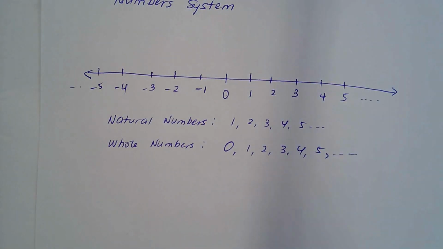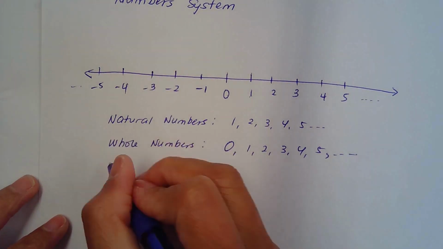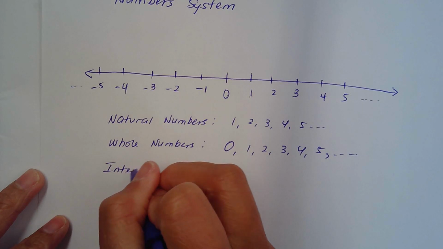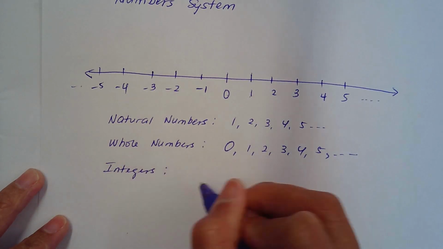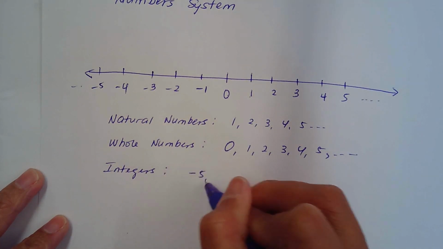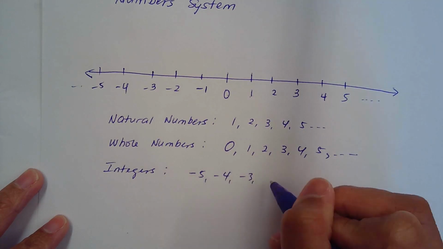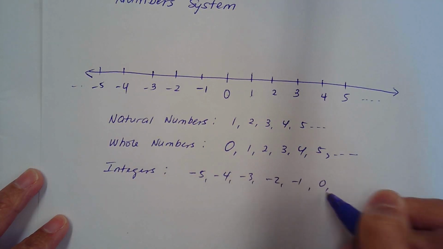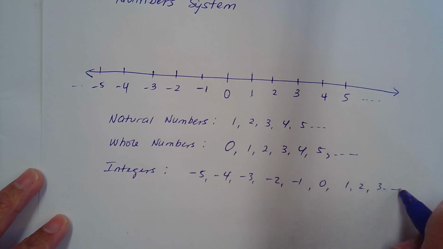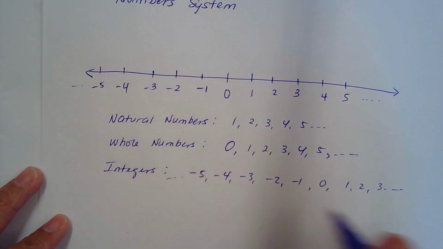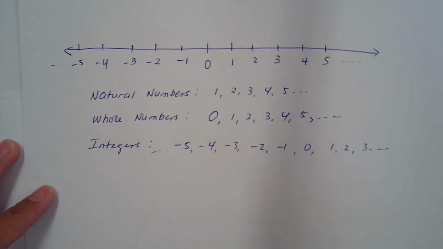And then we expanded our family of numbers to the integers, which becomes like -5, -4, -3. And it continues on to the left and it continues on to the right.